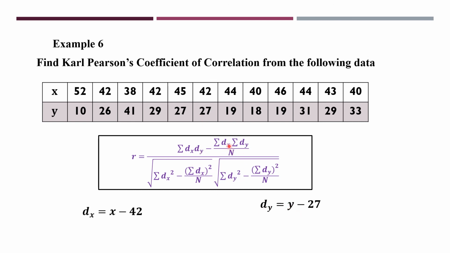So form the table with columns dx, dy, dx dy, dx square and dy square. We have x and y. With the help of x and y, we can write the dx column, the dy column, multiply to get the dx dy term, then dx square and dy square.